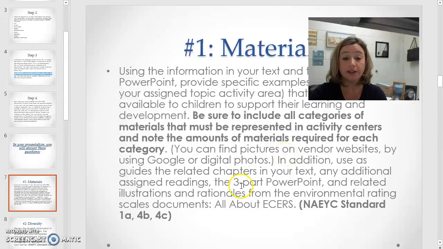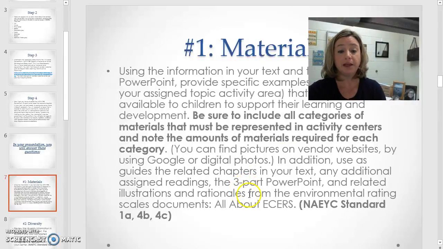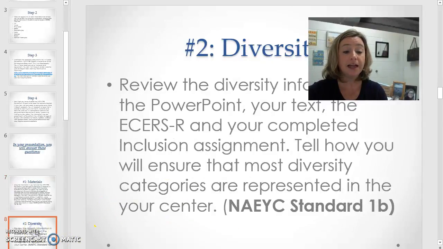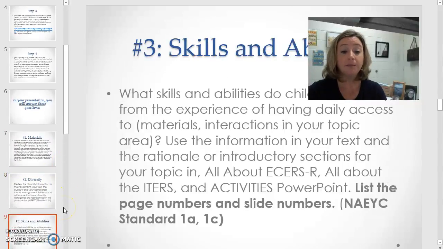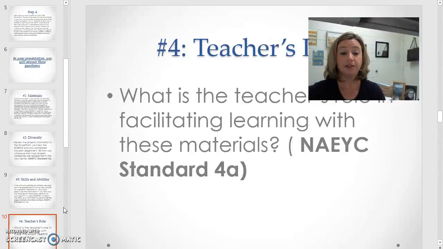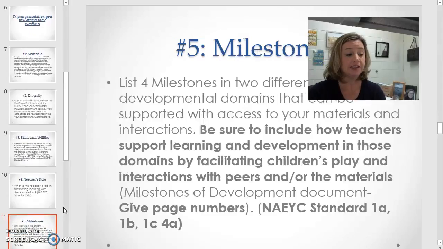You're going to include any accommodations that have to be made for infants and toddlers, but for the most part, you're creating this for a preschool classroom. You're going to have to address diversity in the classroom, the skills and abilities that children learn while they're in that particular center, and what the teacher's role is in facilitating the learning with the materials in that center.